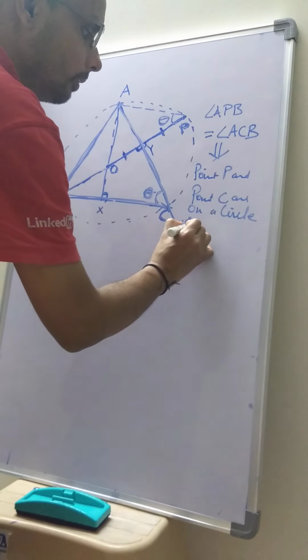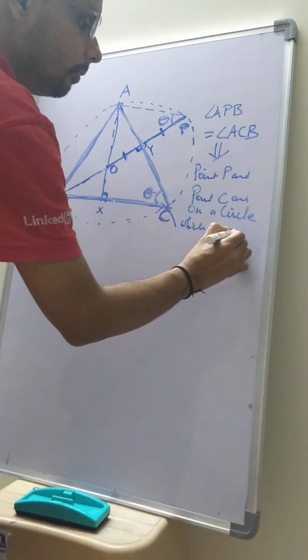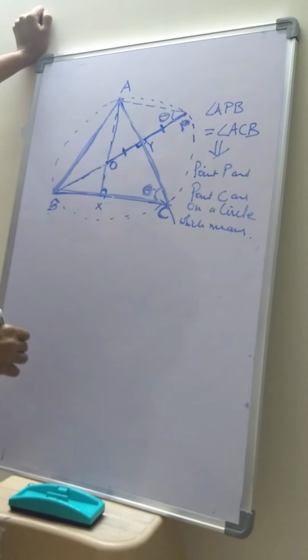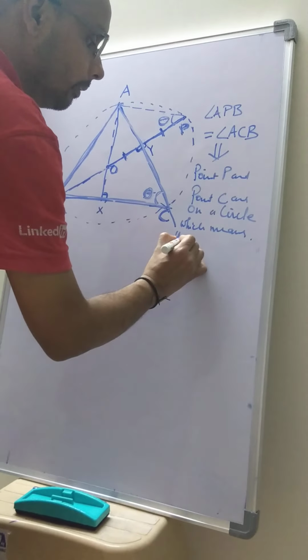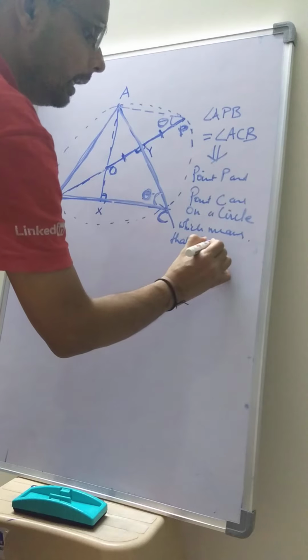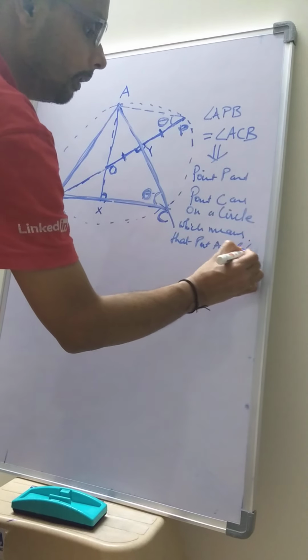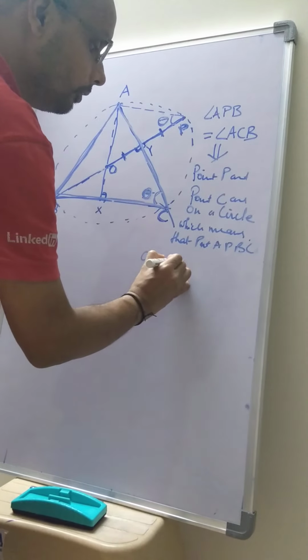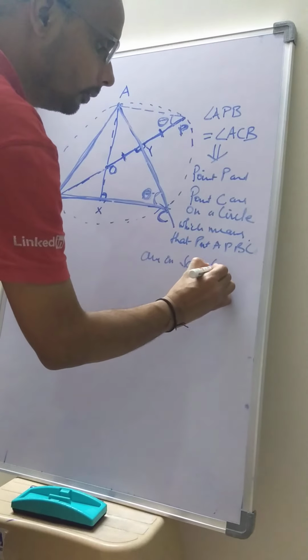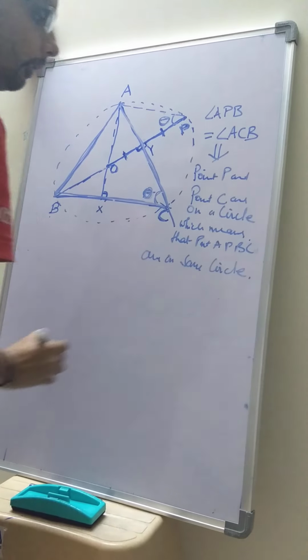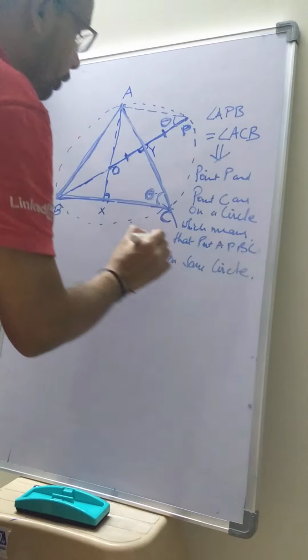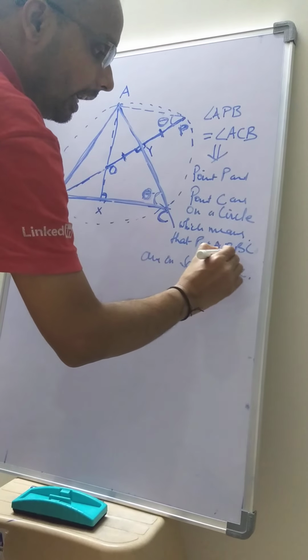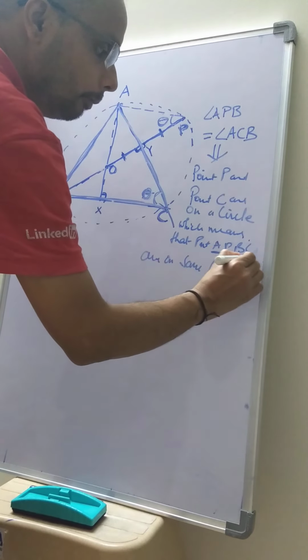which means that points A, P, B, C are on the same circle. And what is the circle that passes through points A, B, C?